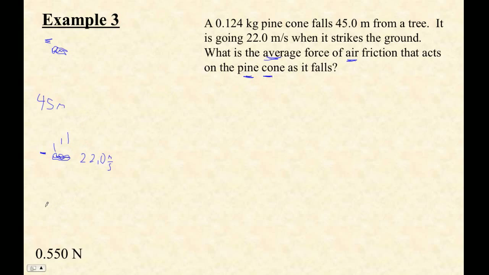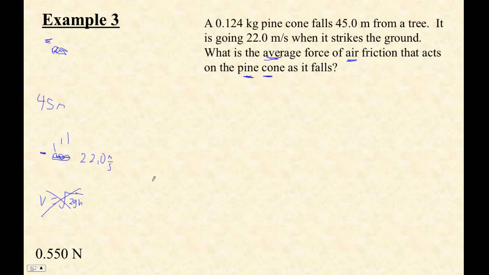So one thing you could do is figure out that the velocity it would have should be the square root of 2gh or something like that, right? If I did 2 times 9.8 times 45, and then the square root of that, it should be going about 30 meters per second, but it's not, right?